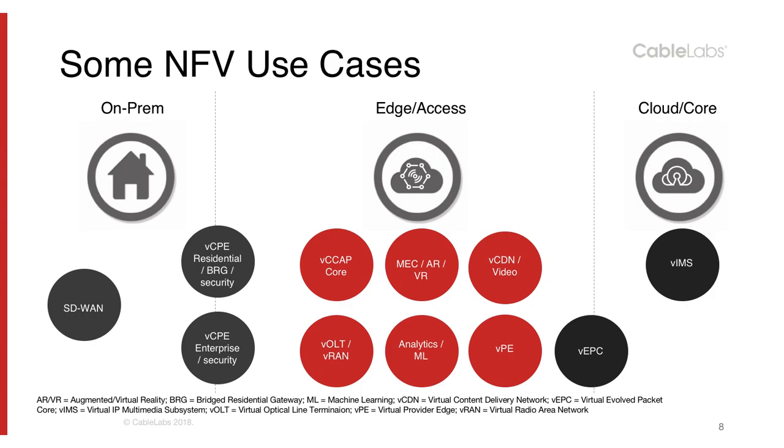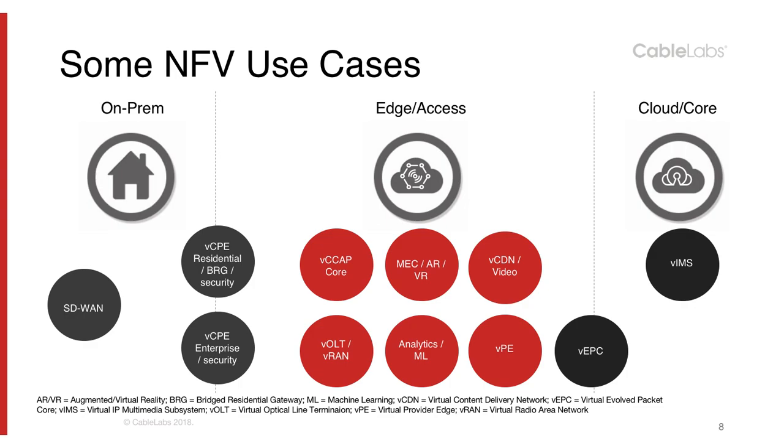Then you have virtual CDN and video. Video is expected to get revolutionized. For example, if you're in a stadium, you will be able to see multiple camera angles. If you're at home, you'll be able to see 4K 360-degree video. Next, you have virtual provider edge.